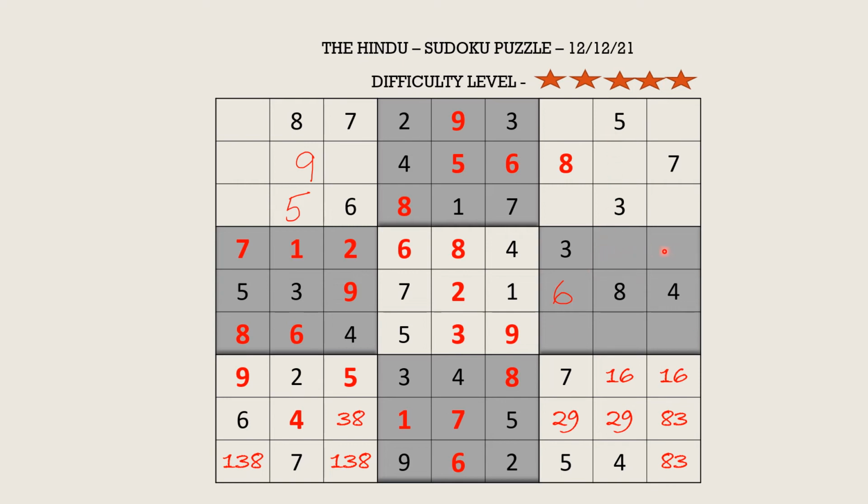So this cell takes 5. There is a 7 blocking from here. There's a 7 here and 7. So this cell takes 7.